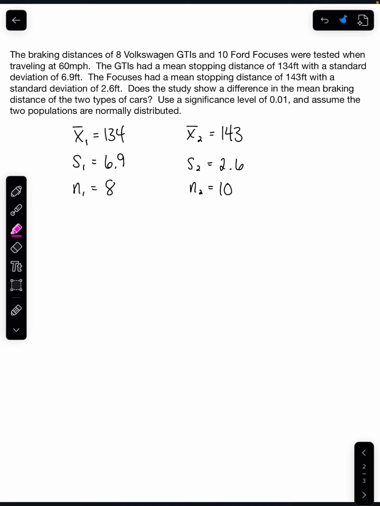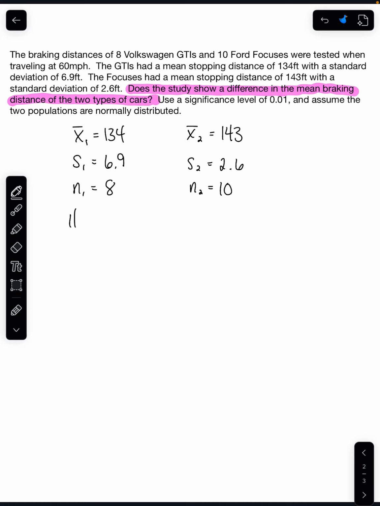Now, as for our hypotheses, we are asked, does the study show a difference in the mean stopping distances? It does not say that one of them should be bigger or the other should be bigger. It simply wants to know, is there a difference?